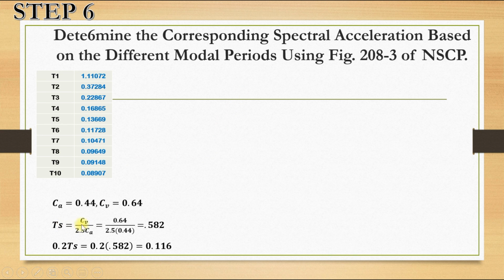So, ito yung magiging value natin dito sa TS at saka 0.2 TS. Ito yung magiging limits para ma-determine natin kung saang part ng graph ma-determine natin yung spectral acceleration.